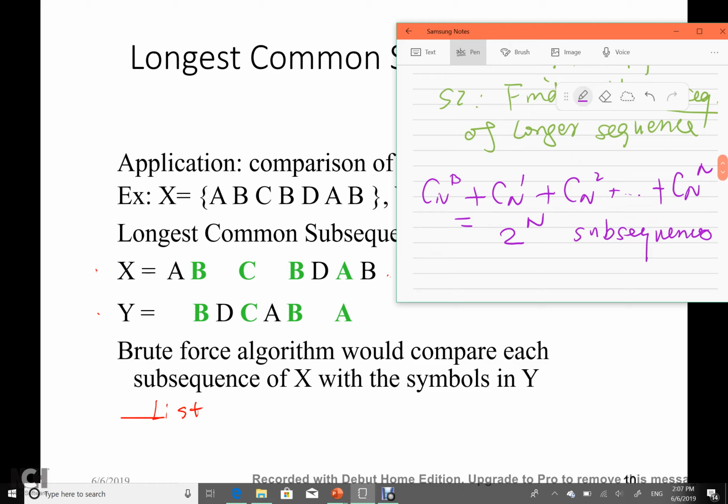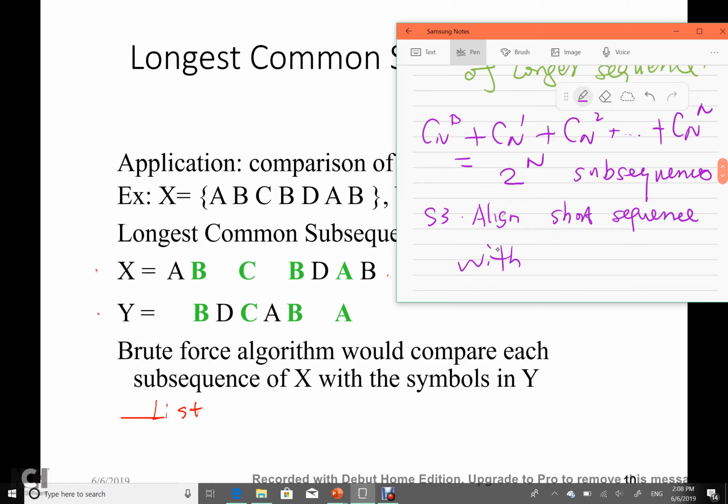And in that case, you can imagine step 3, align the short sequence with each subsequence in step 2.